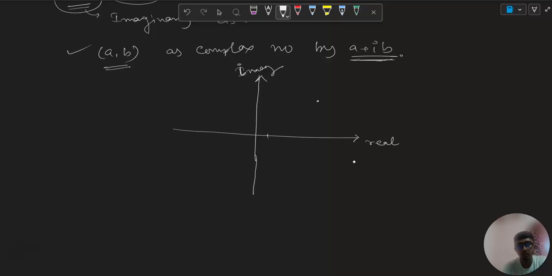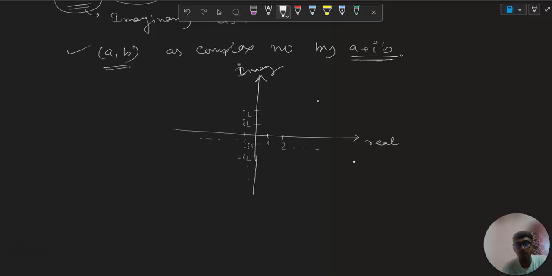Here will be 1, 2, dot dot dot, minus 1, dot dot dot, and this will be iota into 1, iota into 2, dot dot dot, and minus iota into 1, minus iota into 2, it will go like this.